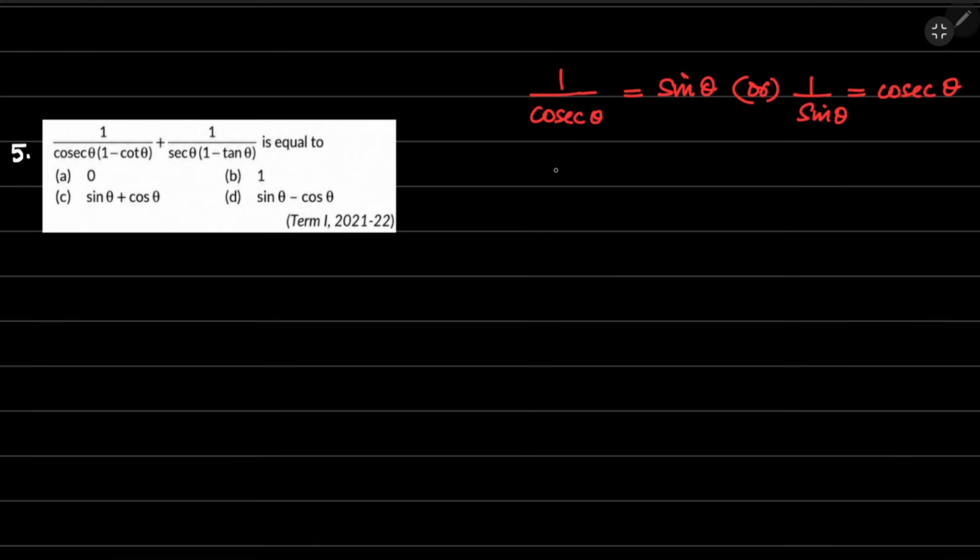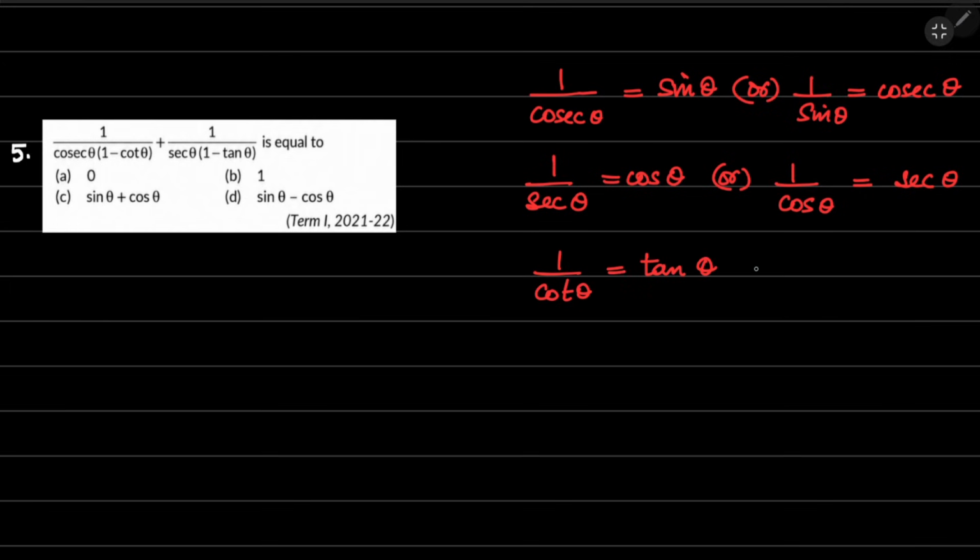So you have to use it in whichever way it comes. 1 by secant theta is equal to cos theta, or I can also say 1 over cos is equal to secant theta. 1 by cot is equal to tan theta, right? Reciprocal. Or I can say 1 over tan is equal to cot theta.